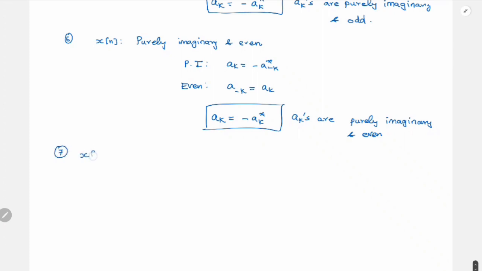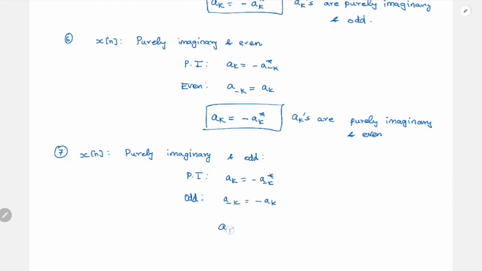Similarly, last one, x[n] is purely imaginary and odd. For purely imaginary, you have a_k equal to minus a_{-k} star, and for odd you have a_{-k} equal to minus a_k.